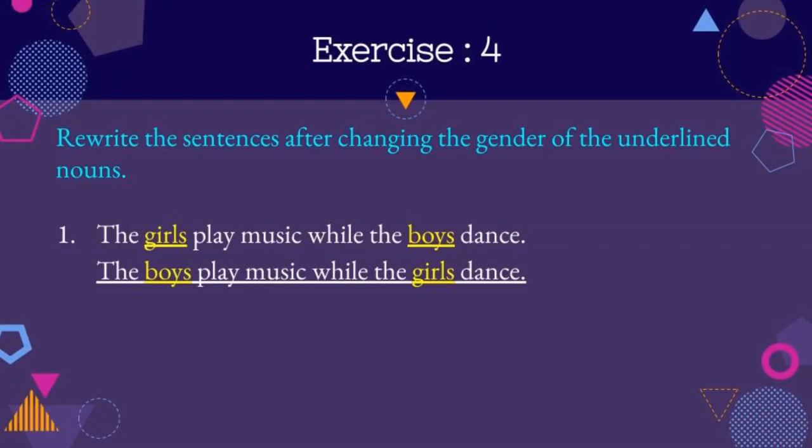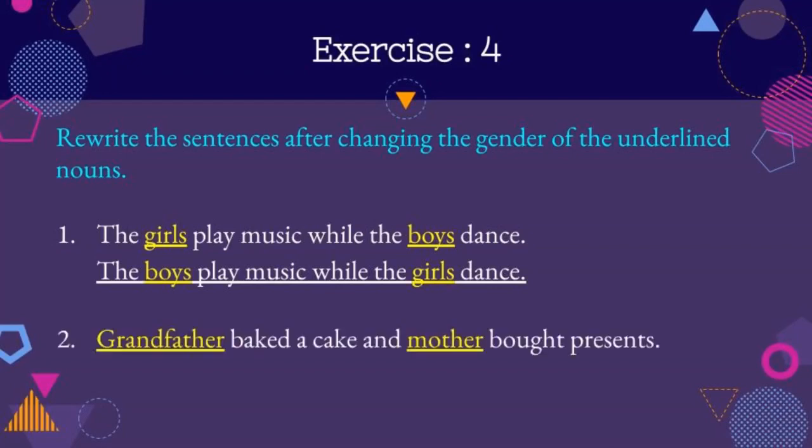Okay students, and the next one is, grandfather baked a cake and mother bought presents. This is the second sentence. In this sentence, two words are underlined. One is grandfather and another one is mother. Okay, what is the opposite gender of grandfather? Yes, the opposite gender of grandfather is grandmother. Then what about mother?